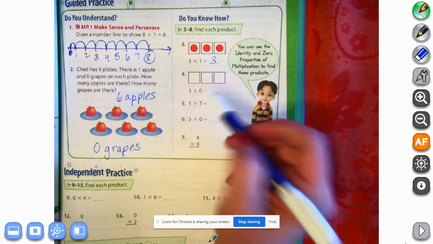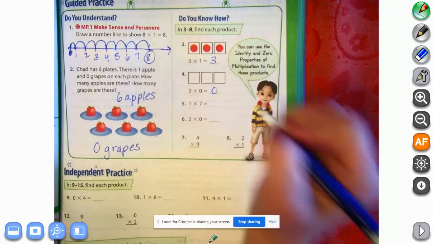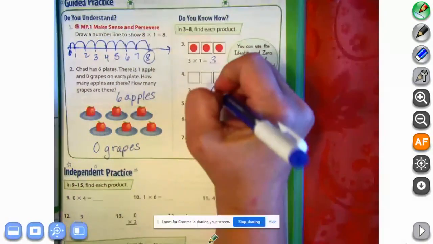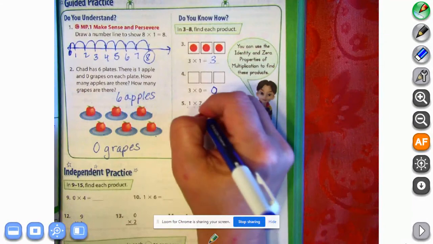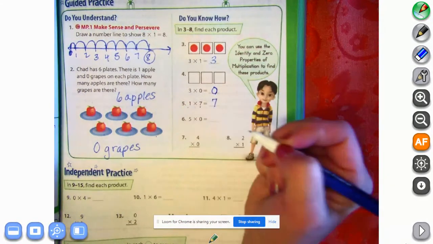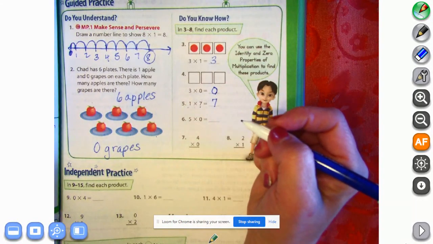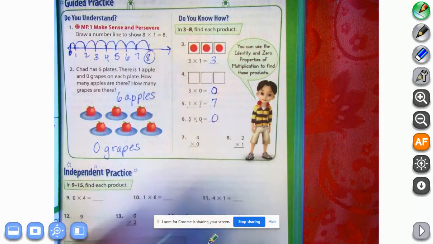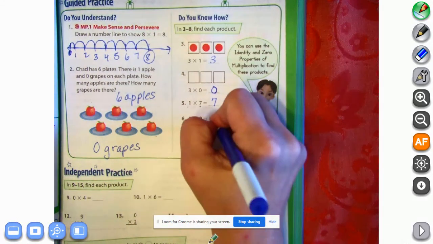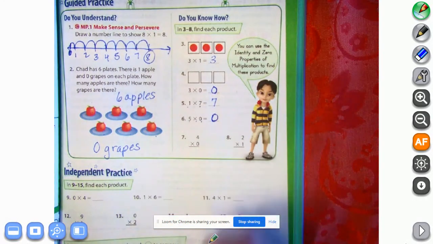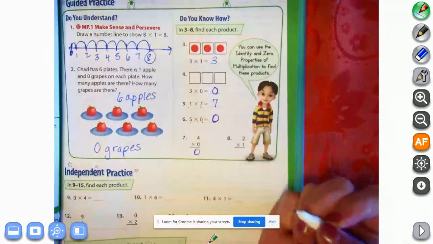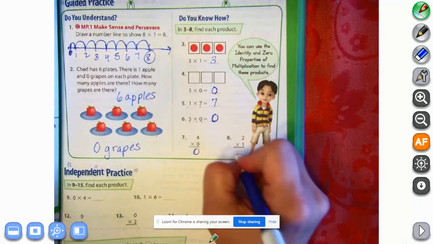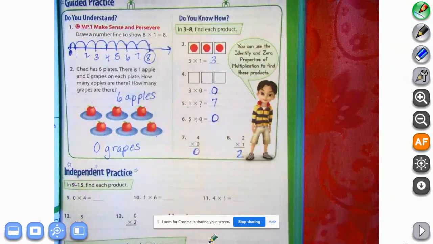So 3 times 0 is 0. 1 times 7 is 7. 5 times 0, 0 always wins. Whenever you're multiplying with 0, it is 0. 4 times 0 equals 0. 2 times 1 equals 2.